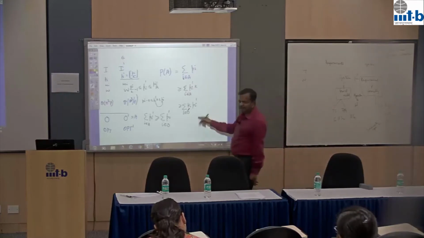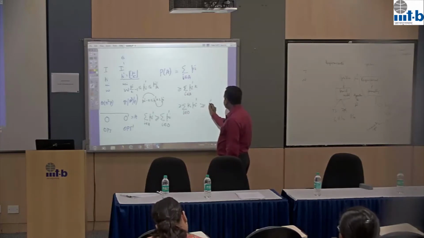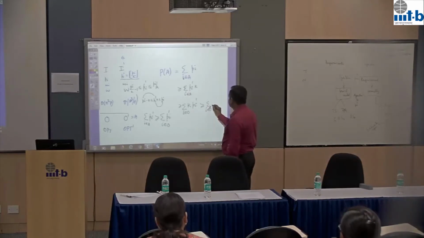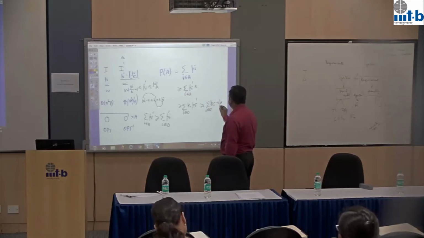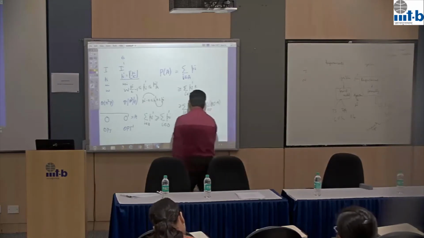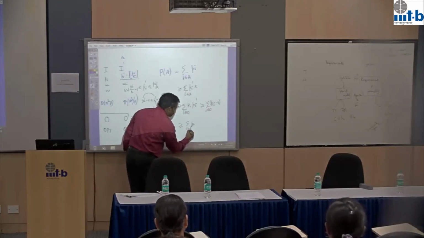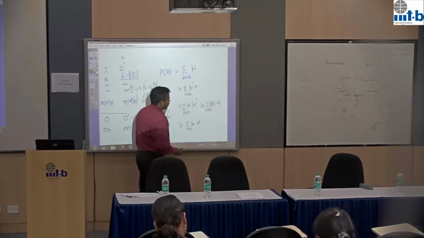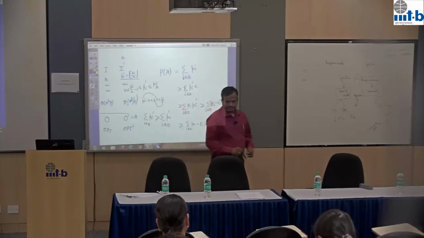So K into P of I dash, I want to use the other side of the equation now. So this is greater than or equal to the summation over I in O. What is the other side of the equation? K times P dash will be summation of P of I minus K. So this I will write as greater than or equal to the summation of P of I, where I is in O, minus K into the number of elements in O. Right?